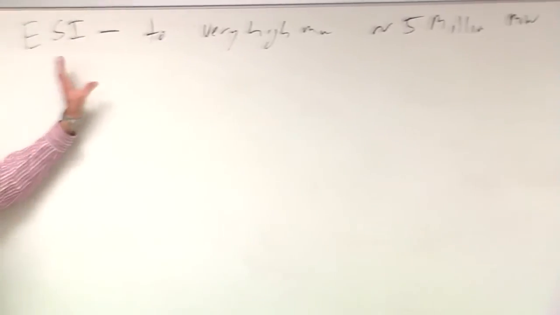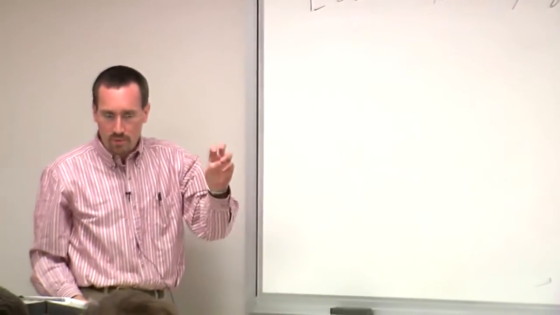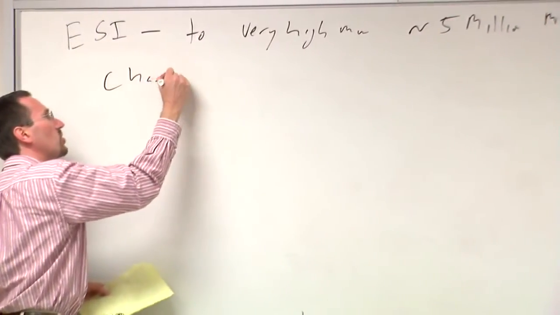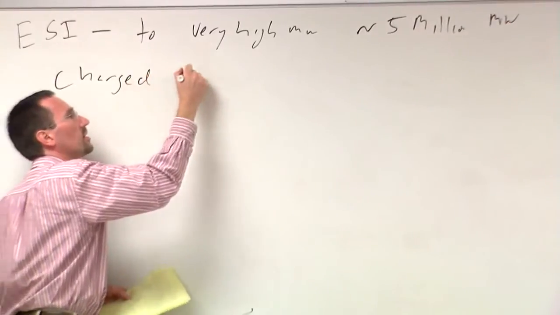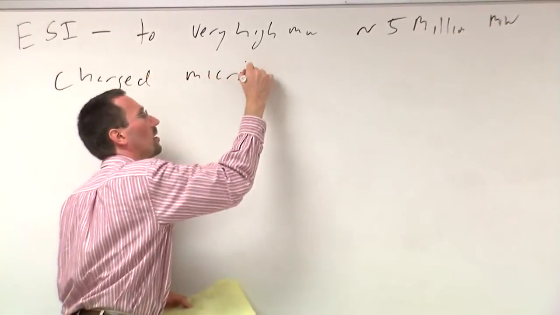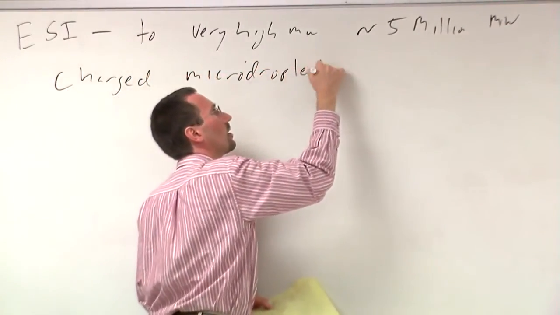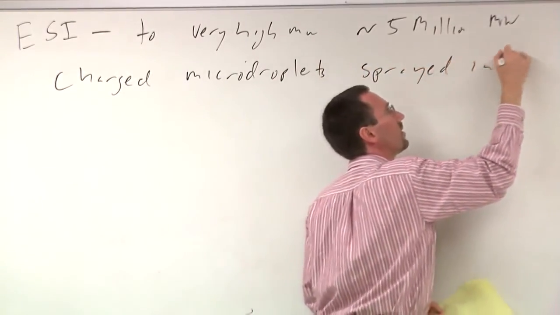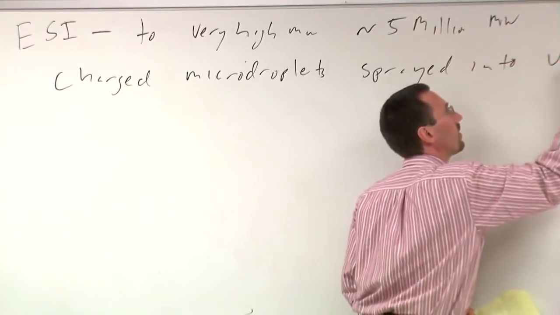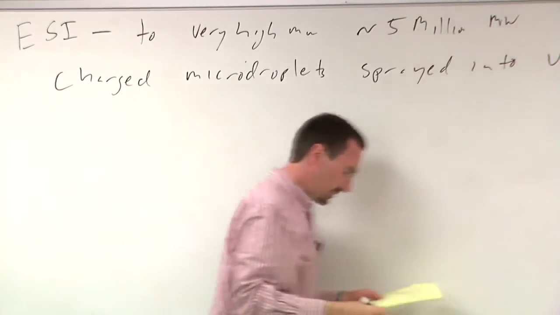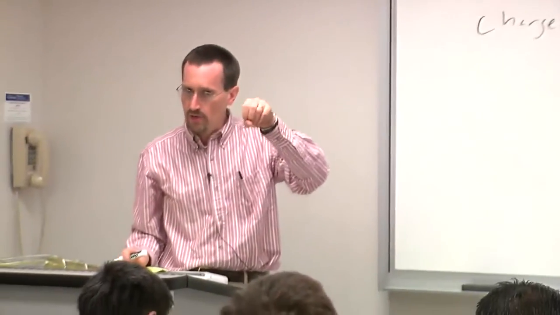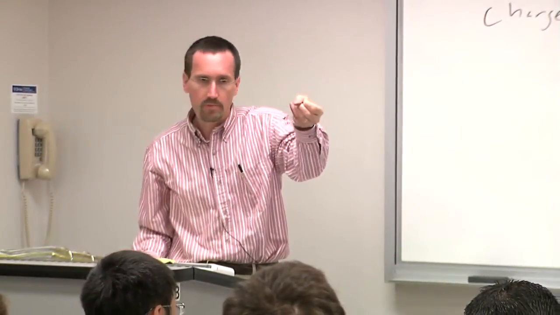The basic gist is you're spraying off of an electrically charged nozzle, charged microdroplets sprayed into a vacuum. The droplets in the vacuum are in solvent like methanol.